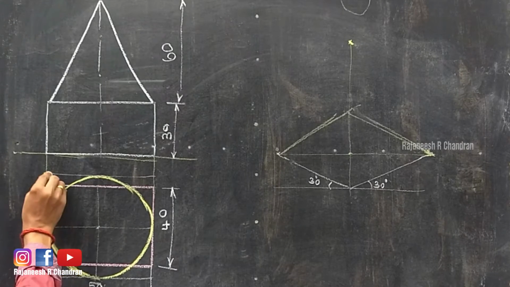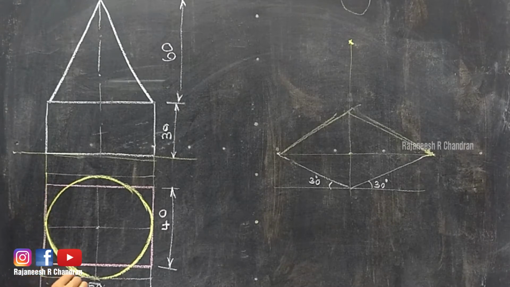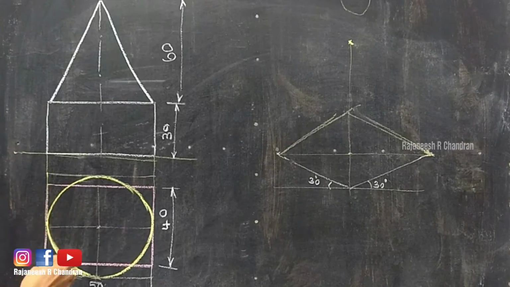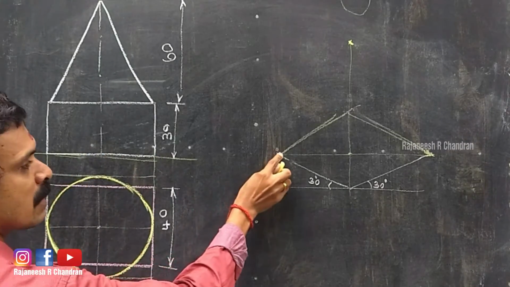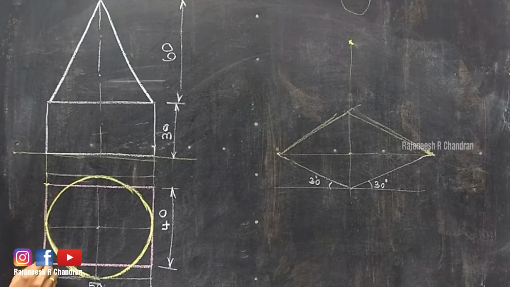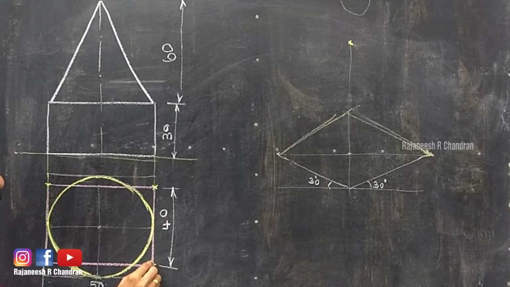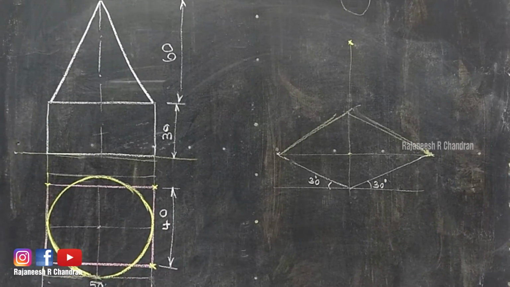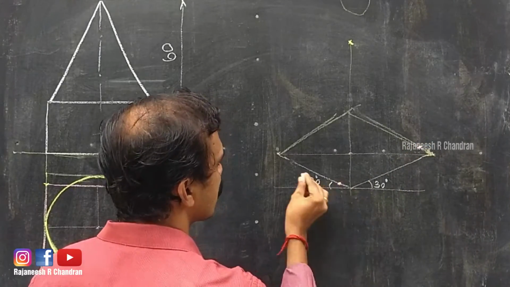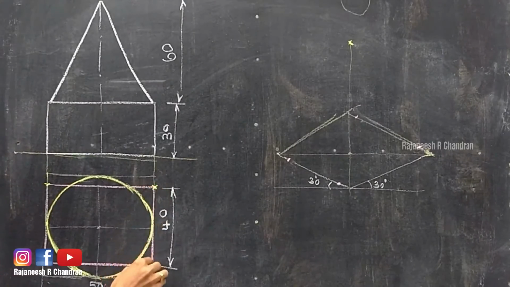If this is the rectangle which inscribes the circle, on the bottom layer of that rectangle, that is this image only, we can obtain these points. How? Take this distance, mark here, take this distance, mark here, take this distance, mark here and here, so that now we have obtained these 4 points.